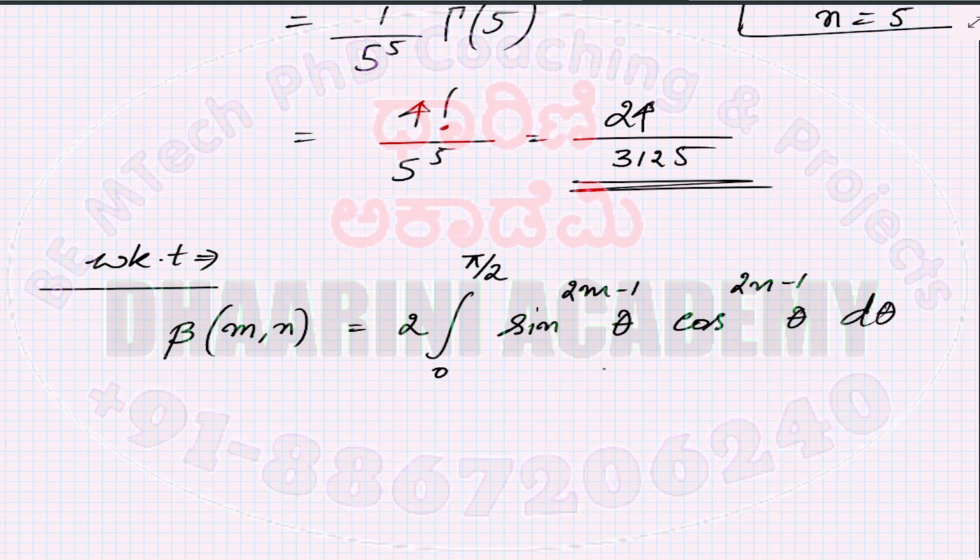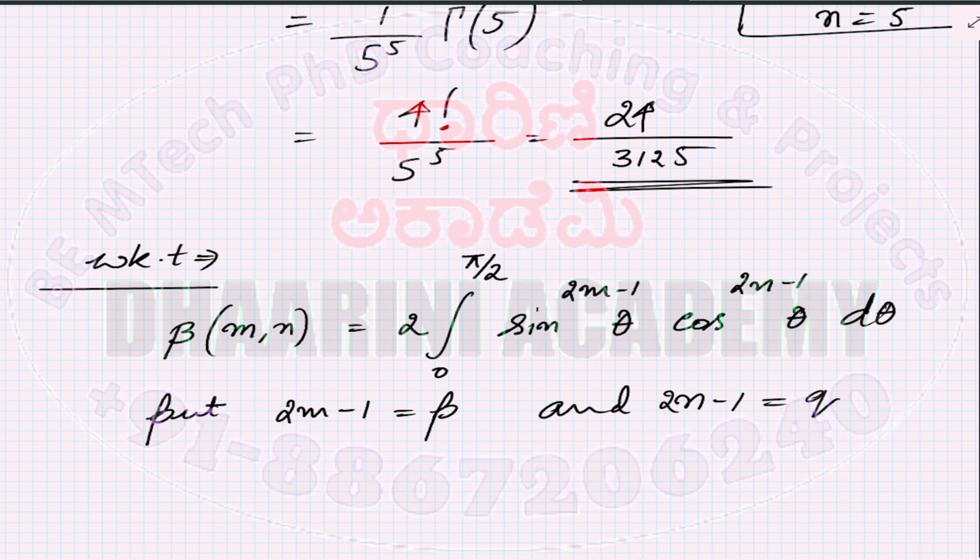Now, for making this easier to solve more complex problems, what we do is put 2m minus 1 as p, and I also make a substitution that the 2n minus 1 in the equation, I'm going to call as q.